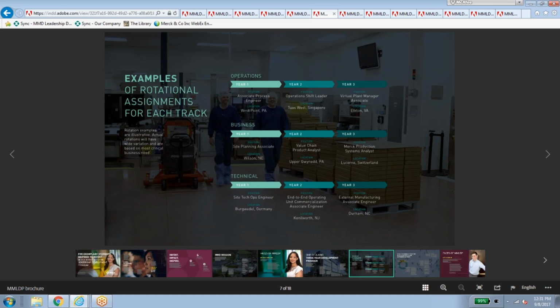In those cases, we have virtual plant managers that oversee some of those external manufacturing companies. And so we have operations track people that are able to serve in support functions as virtual plant managers with our external manufacturing departments.